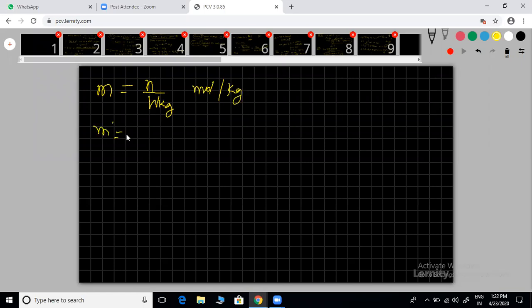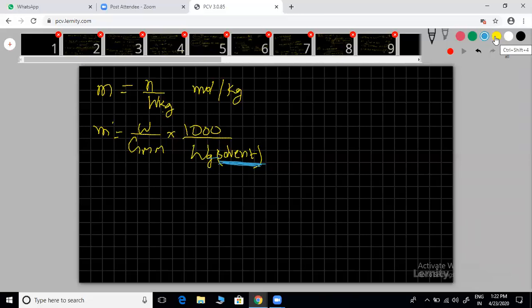Write n equals weight by gram molecular mass, into 1000 by W grams, converting kg into grams. Keep in mind, this W is only the solvent. Most students make mistakes here. Note it down and underline it, otherwise you won't remember.